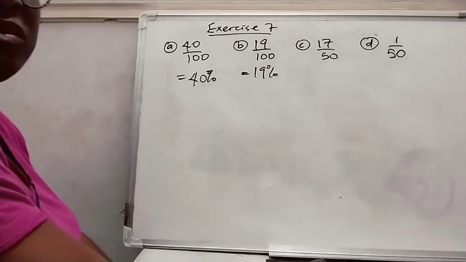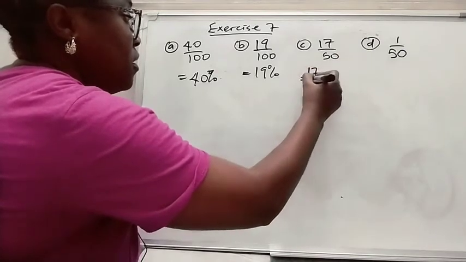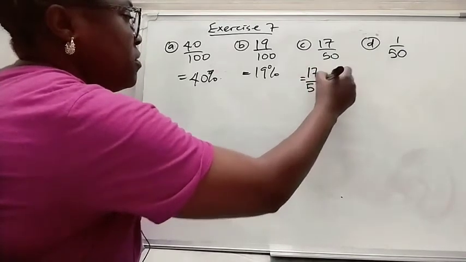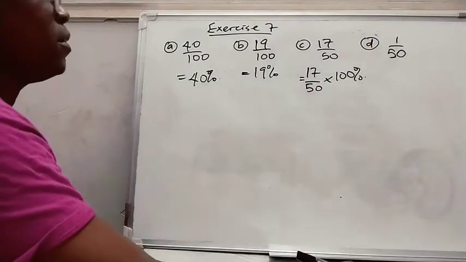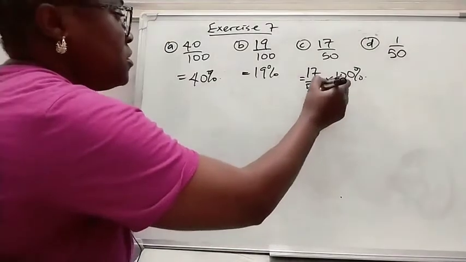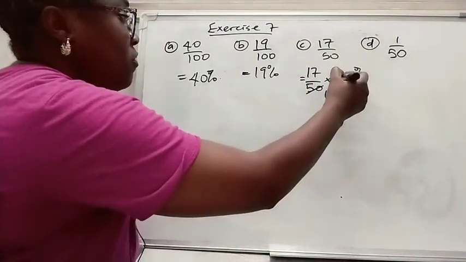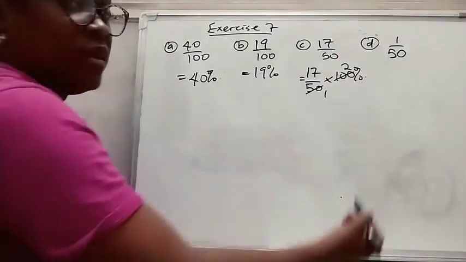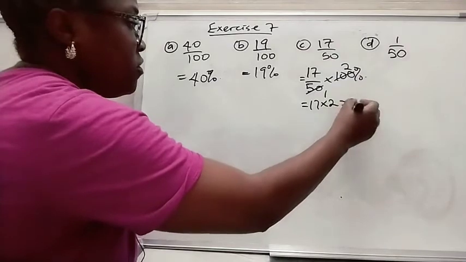So how do we convert this to a percentage? We will simply say 17 over 50 times 100%. 50 will go here 1 place. 50 goes into 100 2 places. 17 times 2 gives us 34%.